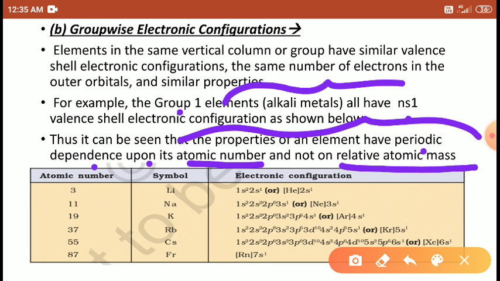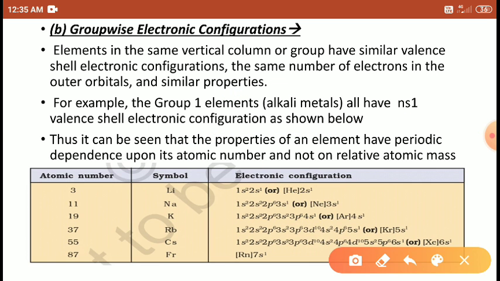similar properties if we arrange the elements on the basis of atomic number rather than atomic mass. Such elements have similar outermost valence electrons and show similar properties. Right, students?